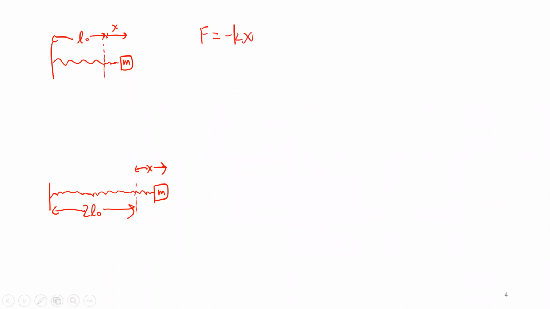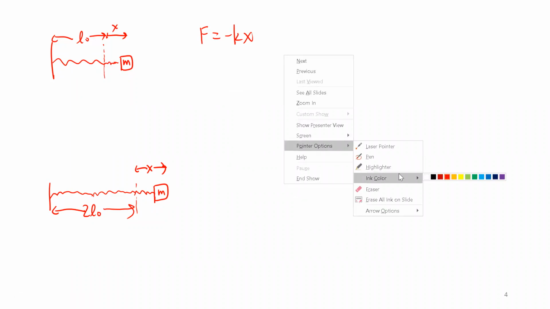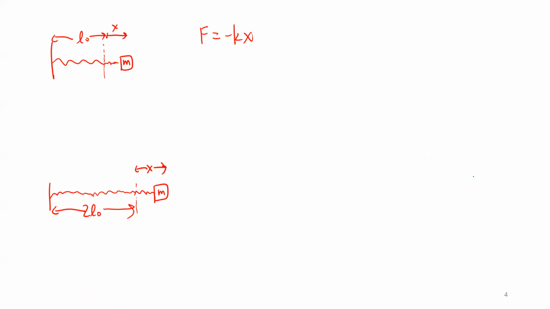No problem with this one. However, look at this one. I told you that I have a spring of length 2L0. The other way to think about it is that I have two of these springs, and I connect them in series. Then that would make a spring of 2L0.